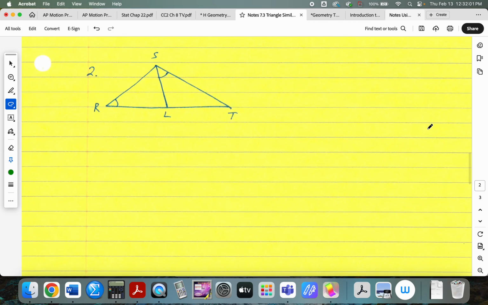Here's one that's a little bit more difficult. So, we're given that angle R is congruent to angle LST.